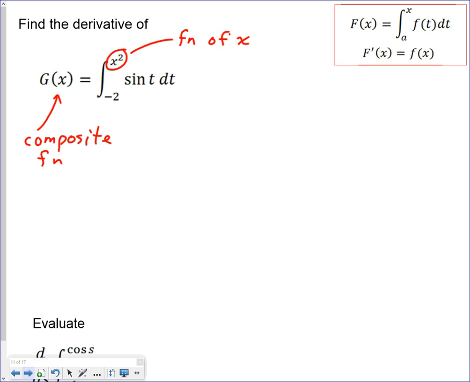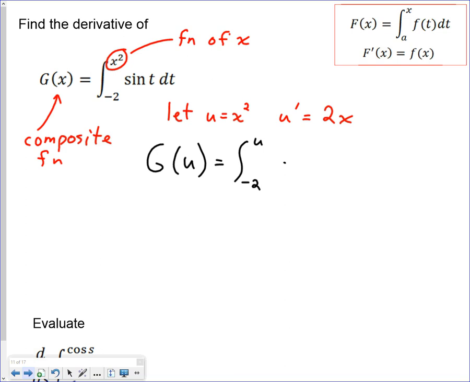So one way we can make this a little bit clearer is we can make a substitution. We can let u equals x squared, then u primed is going to be 2x. And if we make that substitution, our function g of x now becomes a function in terms of u. So this is going to be the integral from -2 to u of sine t dt.